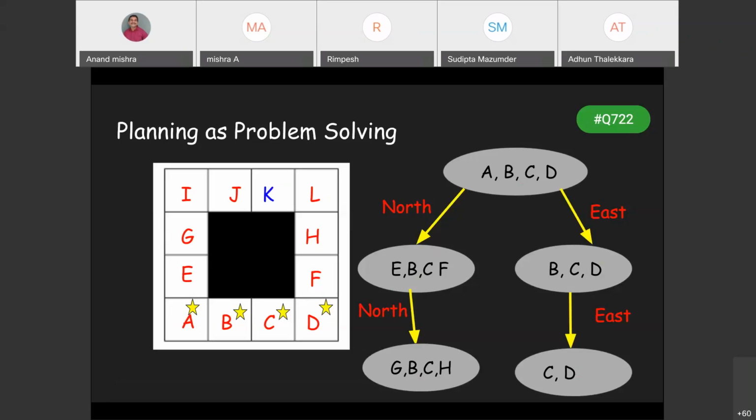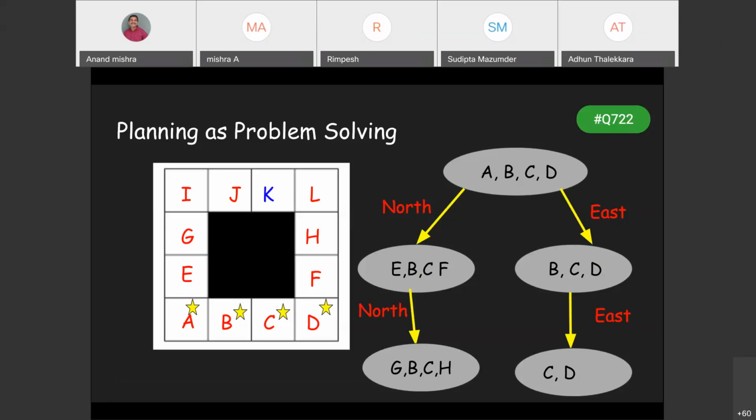But what is happening, if you notice, is that this graph is not going to be a very small graph. For very small problems, this is going to be a very large tree, because if you consider all possible things, there will be multiple subsets.